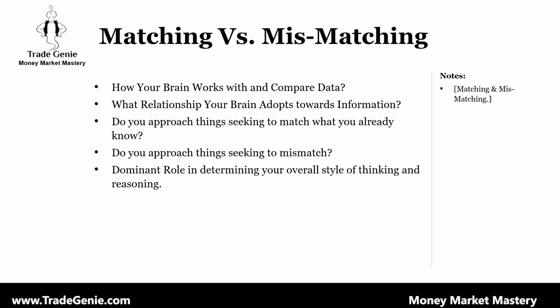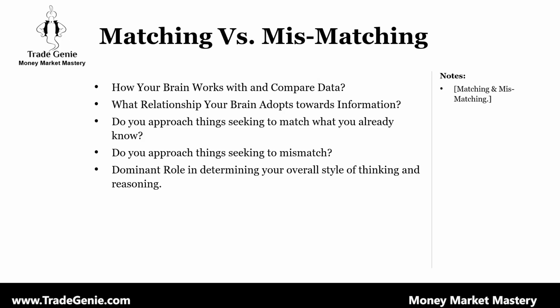The same way in our thinking, our brain is trained to work in just one way. So I'll give you some hints and see which way you tilt. There's something called matching versus mismatching, and how it relates to price and volume analysis.